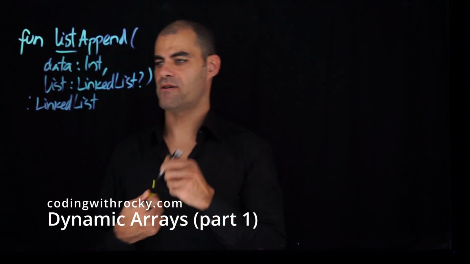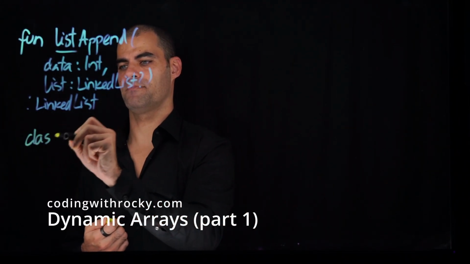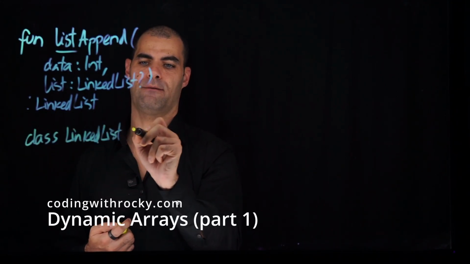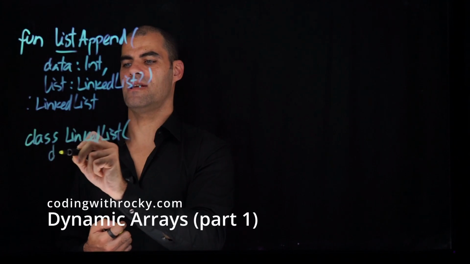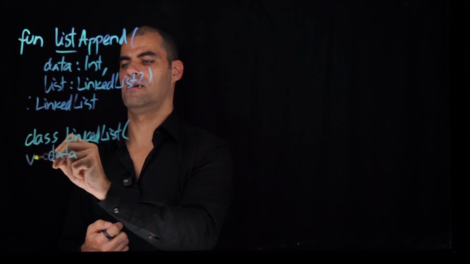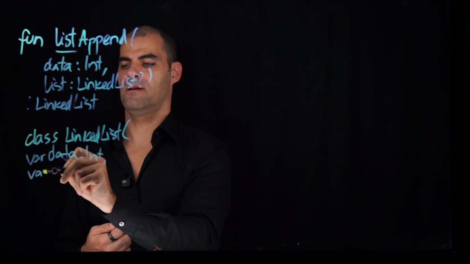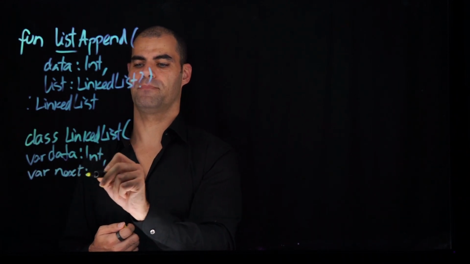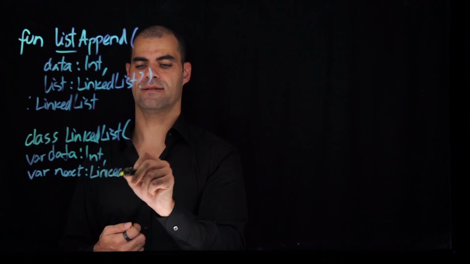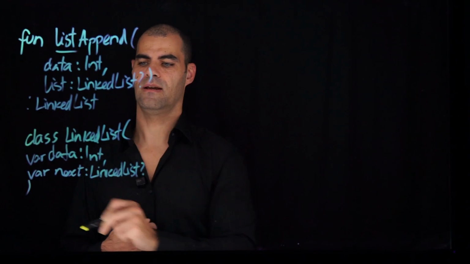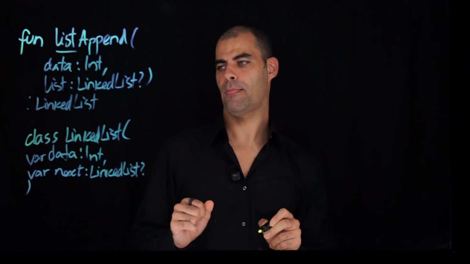Before, we had our class linked list that was something like this: linked list, with our data, var data, that was an integer, and here next, that was a linked list that can be null. This was our linked list.